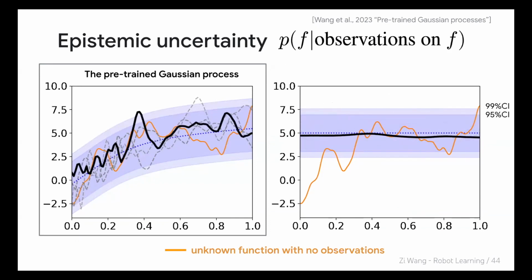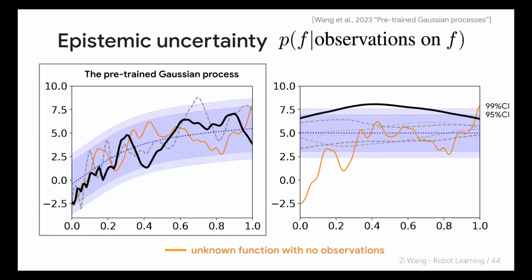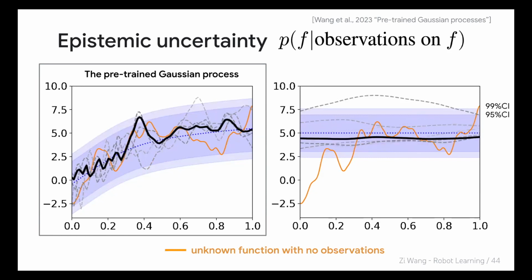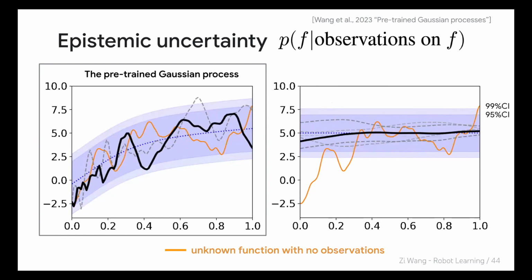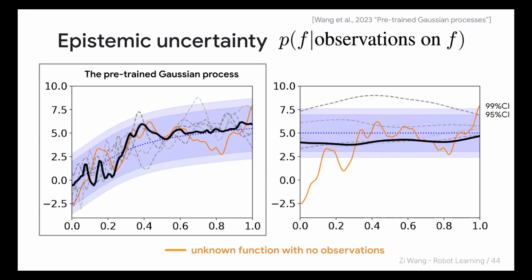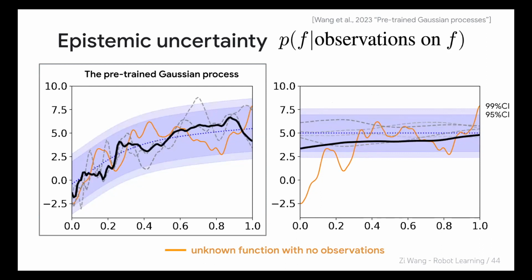comparisons. On the right-hand side, we have a Gaussian process with a hand-specified prior on the length scale and I think the signal variance of a Gaussian process with square exponential kernels.